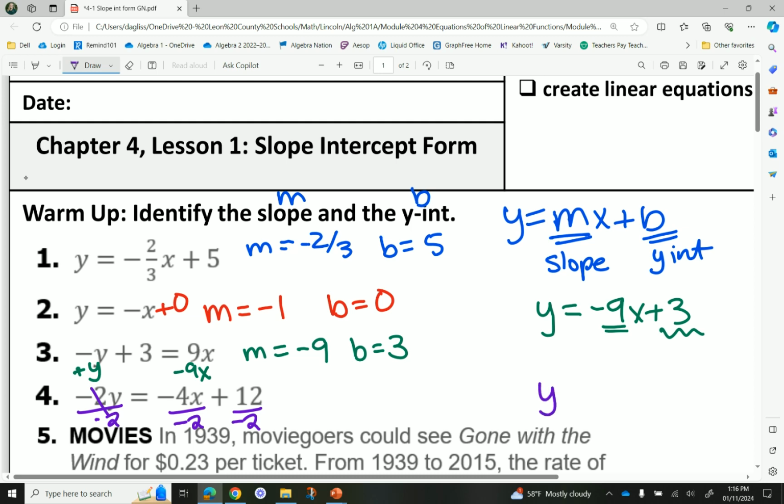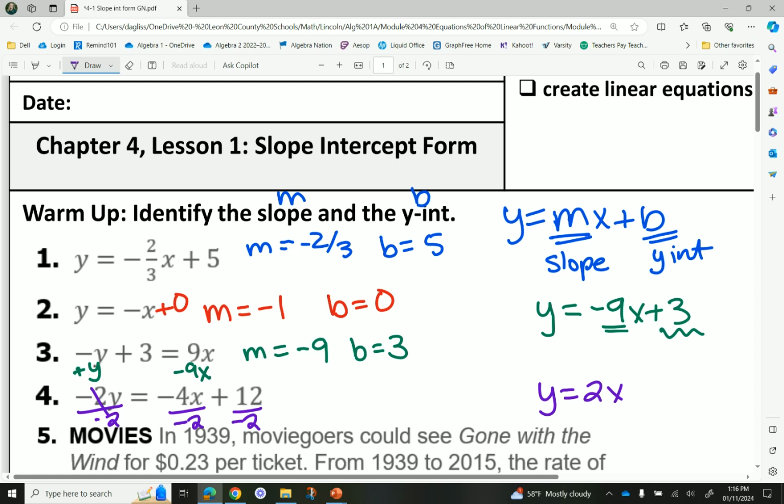This gives me y equals, so what's negative 4 divided by negative 2, Isaiah? What's negative 4 divided by negative 2? Positive 2, all right. And then I get 12 divided by negative 2. Leland, what's that?